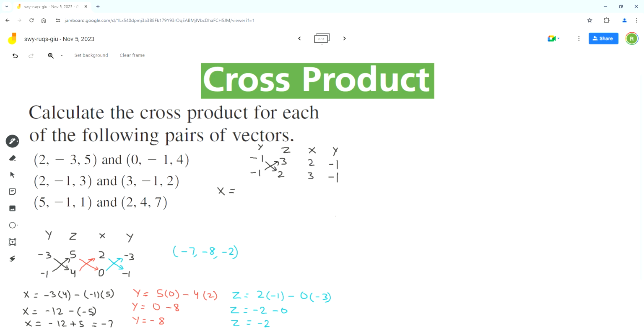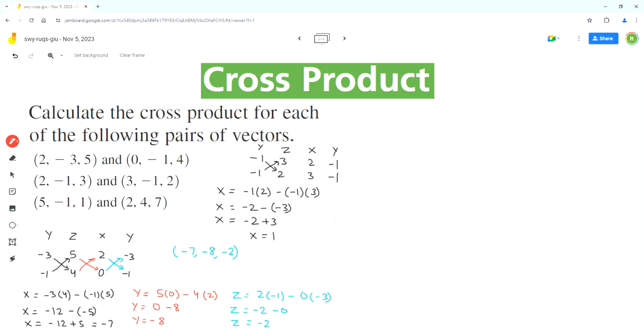So we can cross multiply the y and the z component starting from the top to bottom. Minus -3 is equal to +3. So this is the x component of the vector we'll get from the cross product.